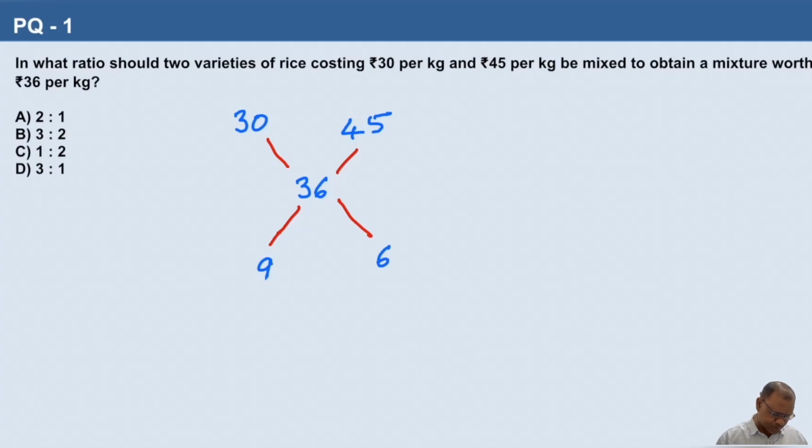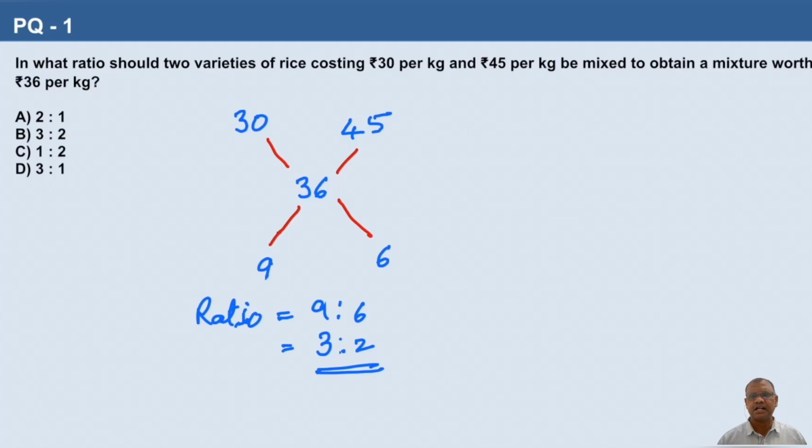So the ratio is 9:6. If you divide both terms by 3, we get 3:2. So this is the ratio in which the cheaper and costlier rice have to be mixed so that the mean price is 36 rupees per kg. So the answer is 3:2. The correct answer is option B.